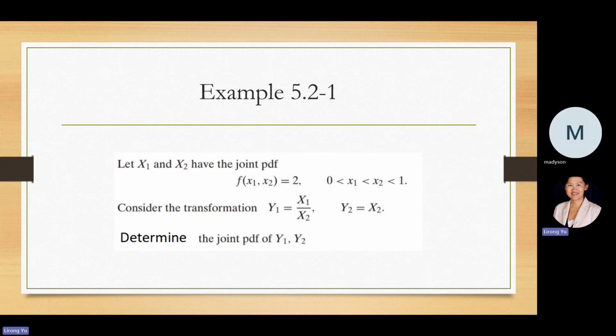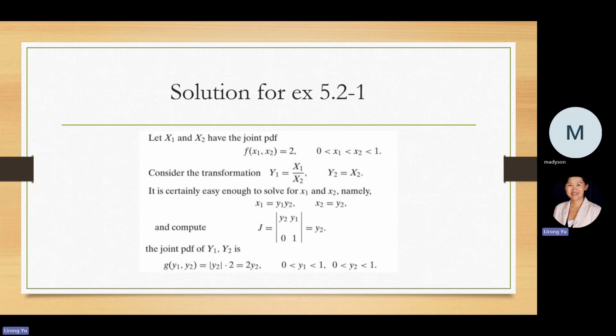We constructed the division, so y1 is the division between x1 and x2, the two random variables, and y2 is equal to x2. You can look at it, and the result is that y1 and y2 are still uniform distribution. We would calculate the inverse transformation. These are the transformations from x1, x2 to y1, y2.